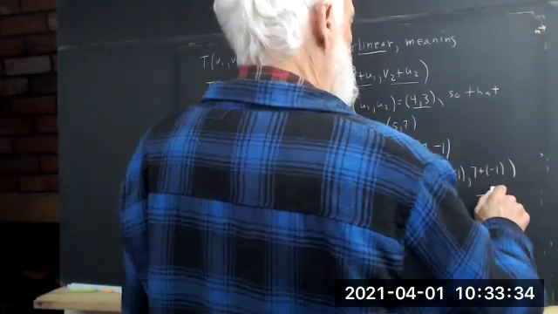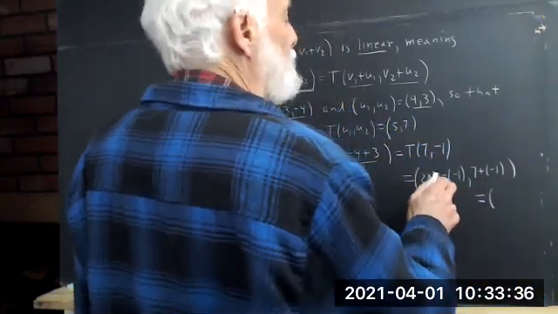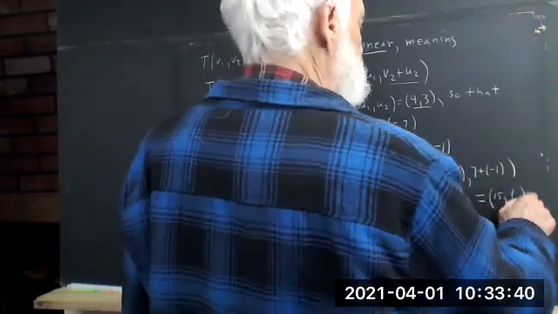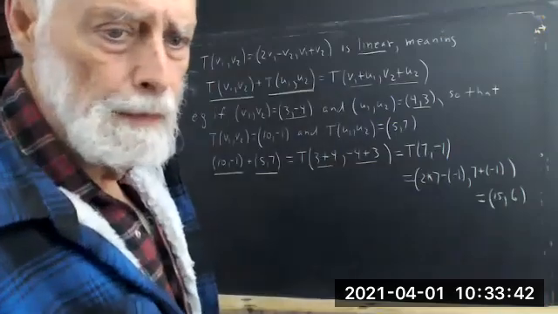Well, lo and behold, that equals 14 minus 1 gives us 15, and 7 and negative 1 gives us 6.